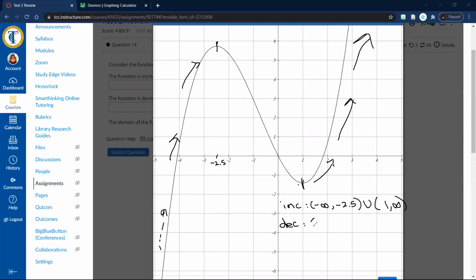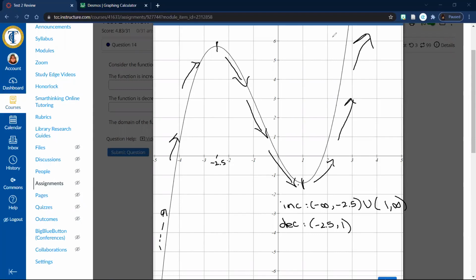All right, how about decreasing? It decreases from that negative 2.5 to 1. Yeah, good job. And of course, remember when you're talking about increasing and decreasing intervals, nothing is included, so you're only using parentheses.